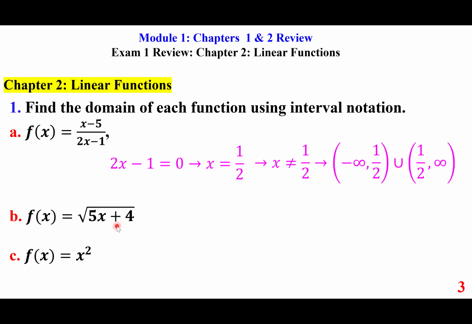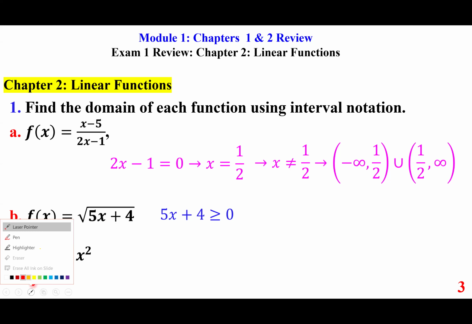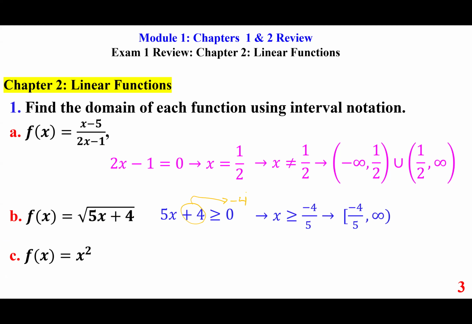What happens when you have a square root or any root where the index is even? When the index is even, what's underneath must be greater than or equal to 0. You move the 4, you make it negative, divide by 5, and that means anywhere from negative 4/5 to infinity.